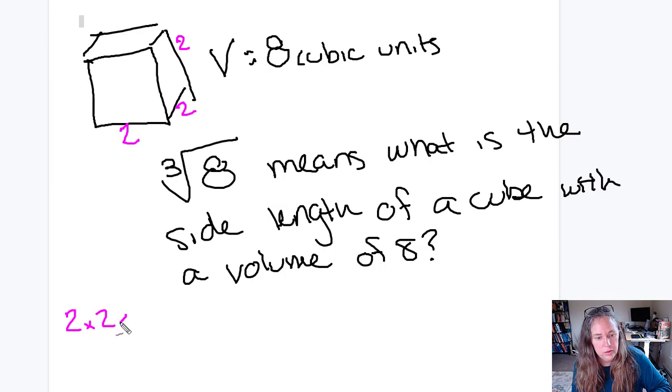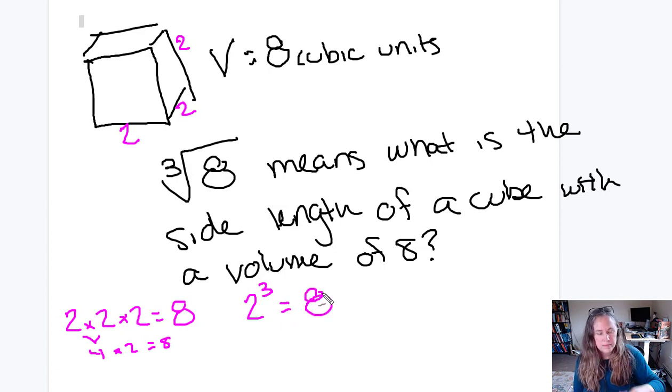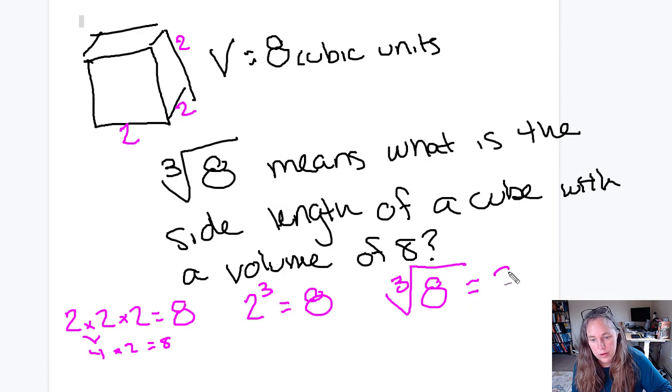2 times 2 times 2 is 8, because 2 times 2 is 4, times 2 is 8. Okay, or you can say 2 to the third power is 8. Okay, so the cube root of 8 is 2.